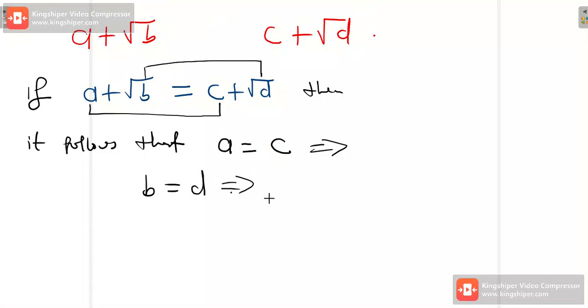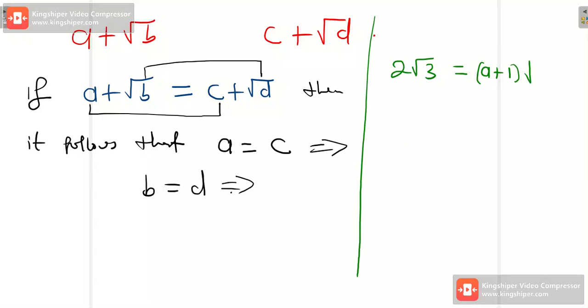So let's look at an example. Let's say I state that 2 root of 3 is equal to a plus 1 root of b, and you are asked to find a and b. How do you solve it? To find a and b, go back to the set.